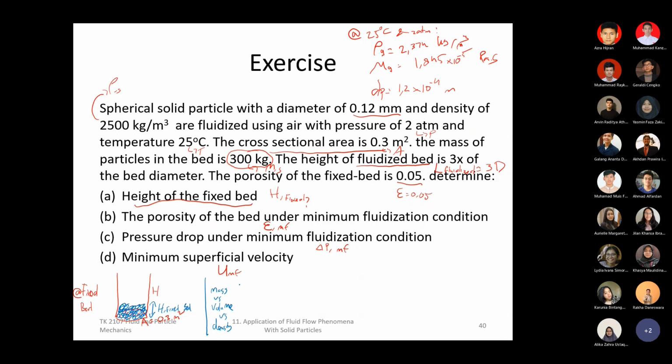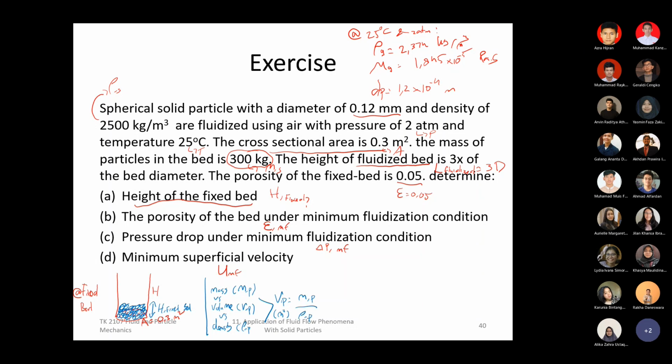So let me put it this way. If that's the mass of the particle, that's the volume of the particle, and that's the rho of the particle. Of course, you should know that the volume of the particle in cubic meter should be mass of the particle divided by the density of the particle.